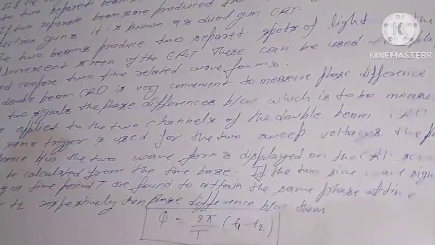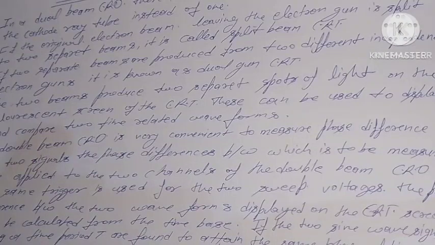Next heading. Dual beam C.R.O. In a dual beam C.R.O., there are two electron beams produced by the cathode ray tube instead of one. Okay? Second point. If the original electron beam leaving the electron gun is split into two separate beams, it is called split beam CRT.